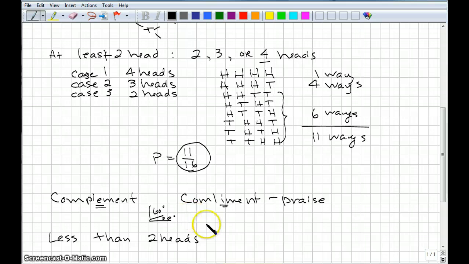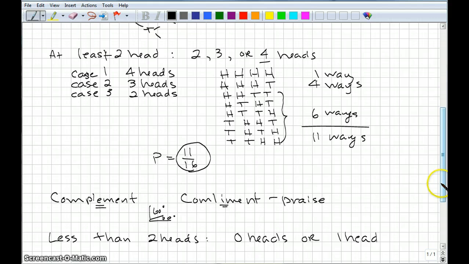Okay? Does that make sense? And sometimes it's easier to count the complement. Like, for example, in this case, less than 2 heads is either 0 heads or 1 head. And those are easier to count than all 3 of these cases up here.